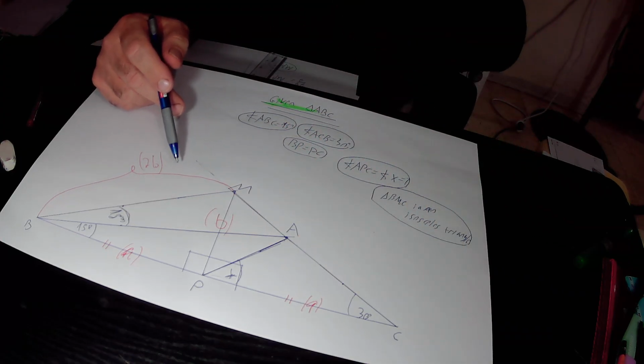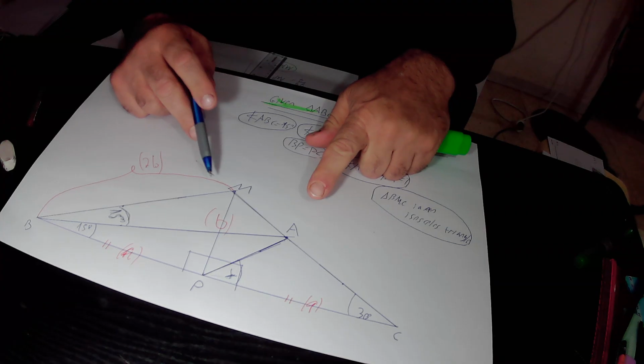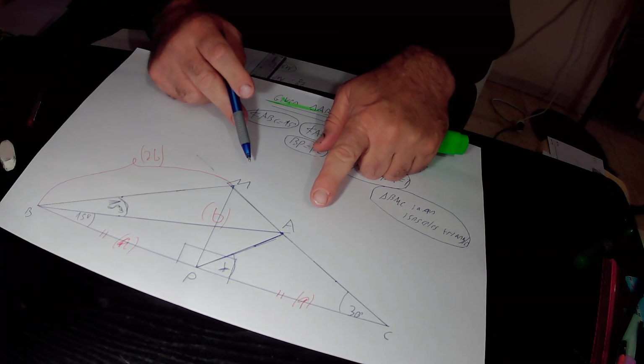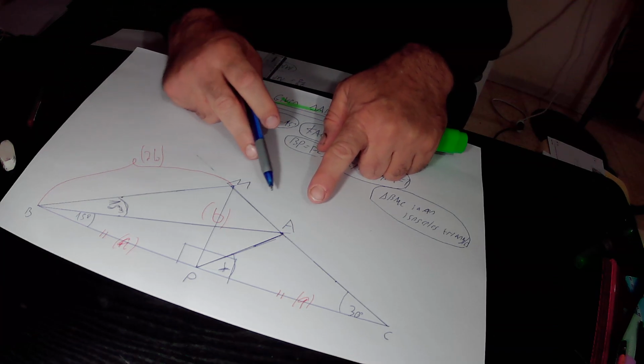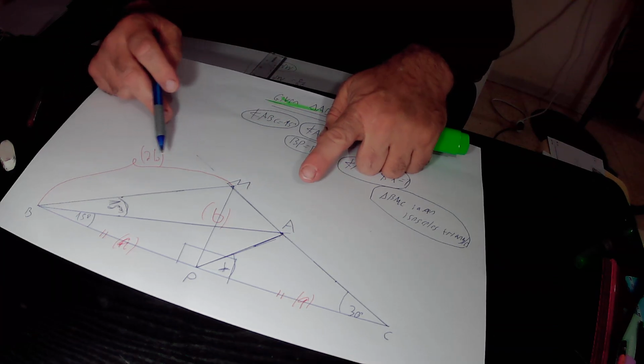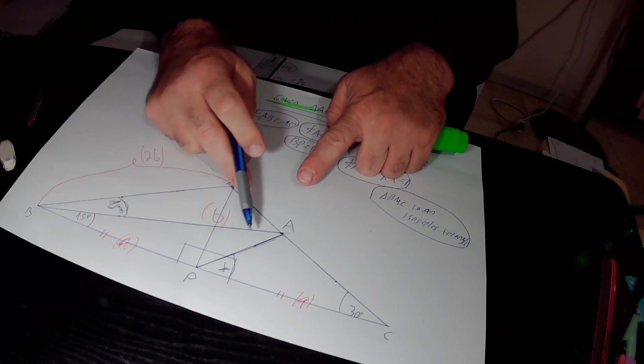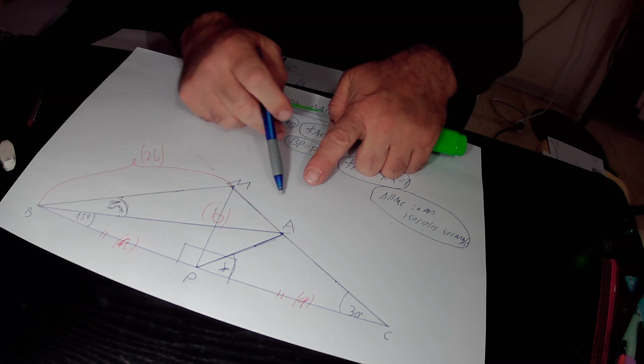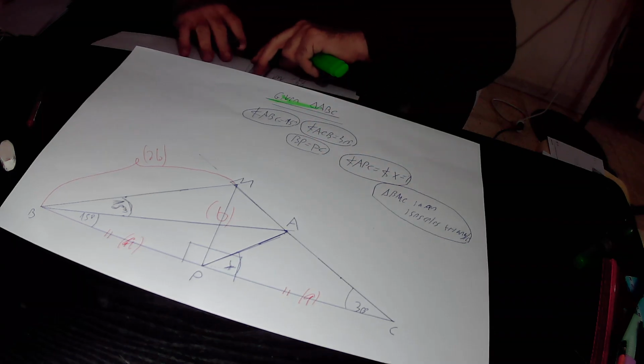Again, according to the angle bisector theorem, MB over BC equals MA over AC. So write it down.